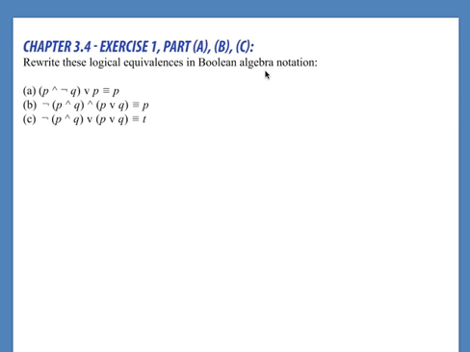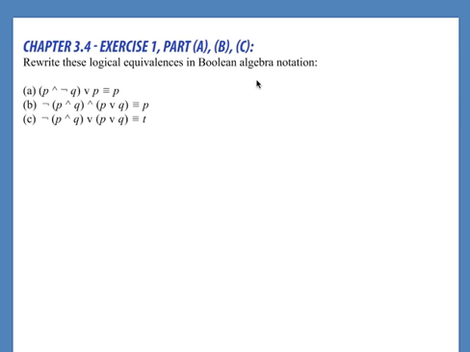Now, in order to understand how we get the equivalences, there's an explanation in your notes, section 3.4 at the beginning, and you can also look in the book. There's an explanation of how the theorems, the logical equivalences, the properties of sets, and the properties in Boolean algebra, all the commutative, associative, and distributive laws, hold the same kind of principles between each of them.